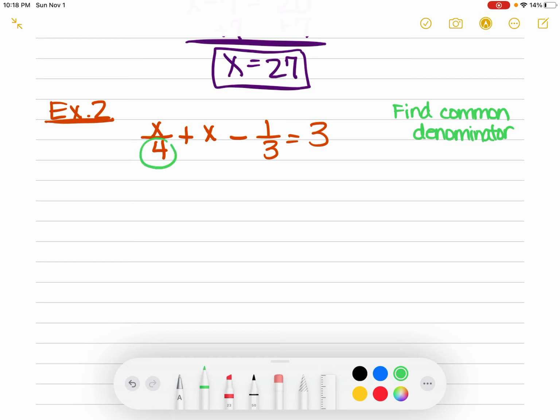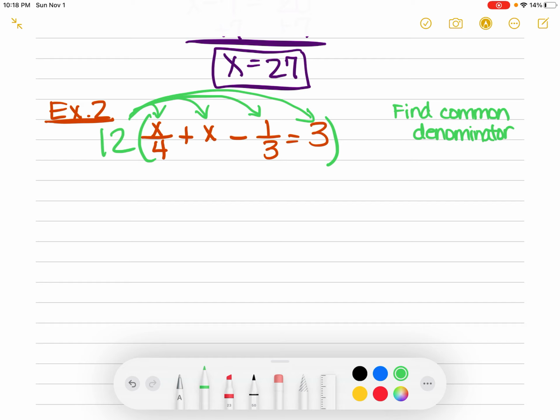So here I have a 4 and a 3. So what would be my common denominator for 4 and 3? It would be 12, right? So what we're going to do is multiply everything by 12, every single thing. So it's going to be like distributive property where I'm multiplying everything, even the other side of the equal sign, by 12.